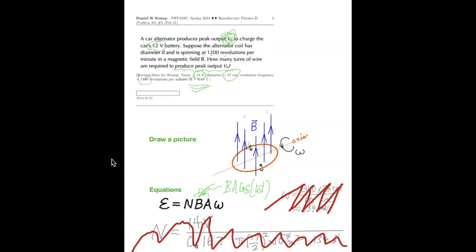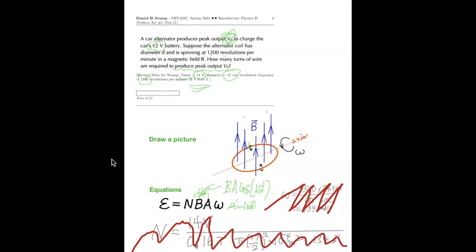So actually, this equation should be, if this is going to be for arbitrary time, multiplied by sine omega t. So it's an alternating electromotive force, or an alternating voltage.